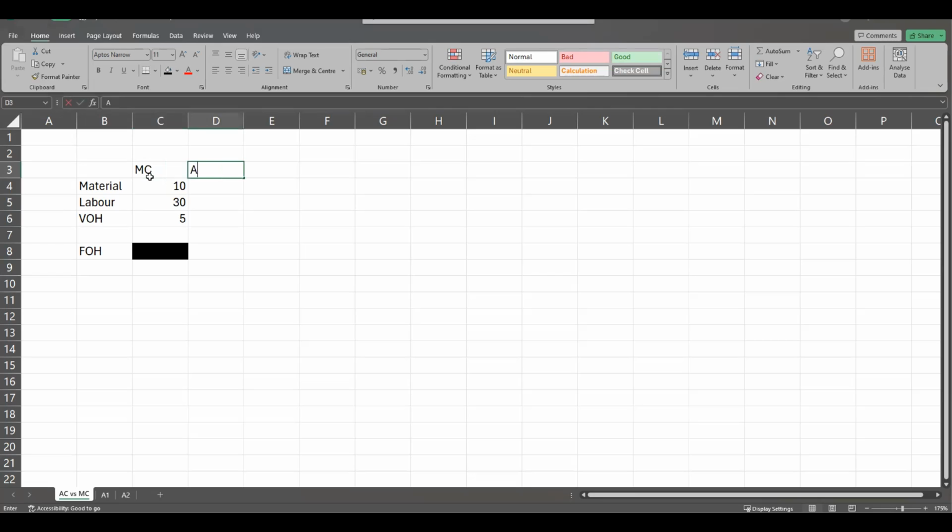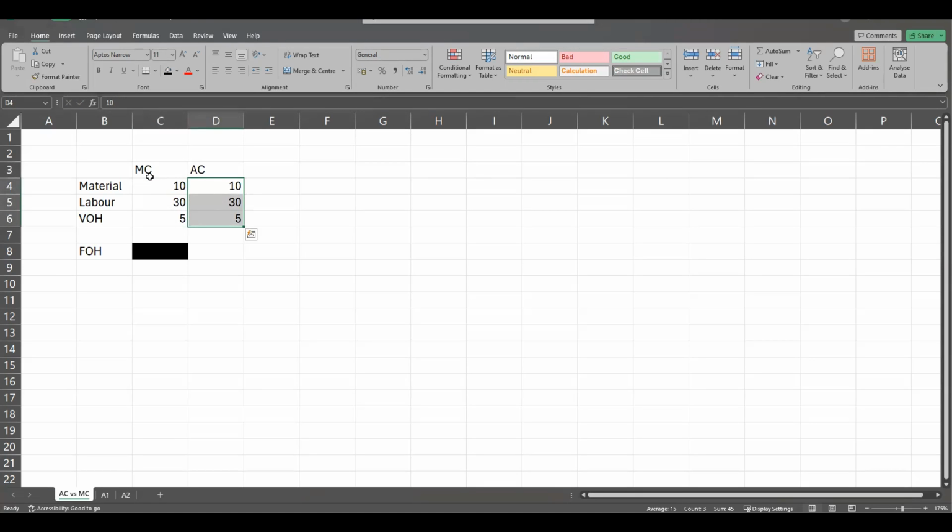Now, of course, the alternative method is the absorption costing method. Again, one thing to consider is that the variable cost is almost like the foundation of absorption costing. It's almost like the default position for any costing method is your variable cost.